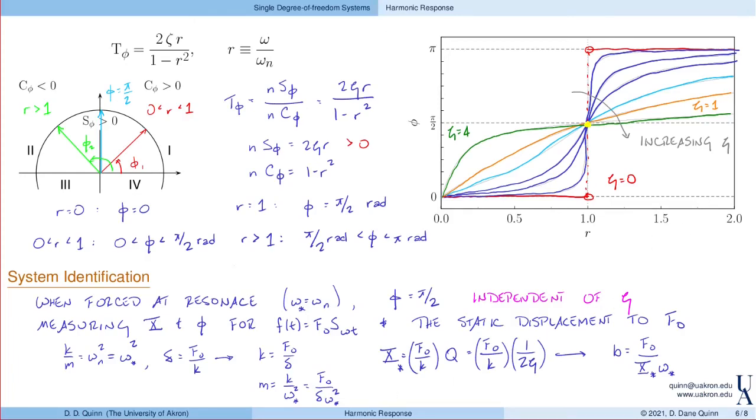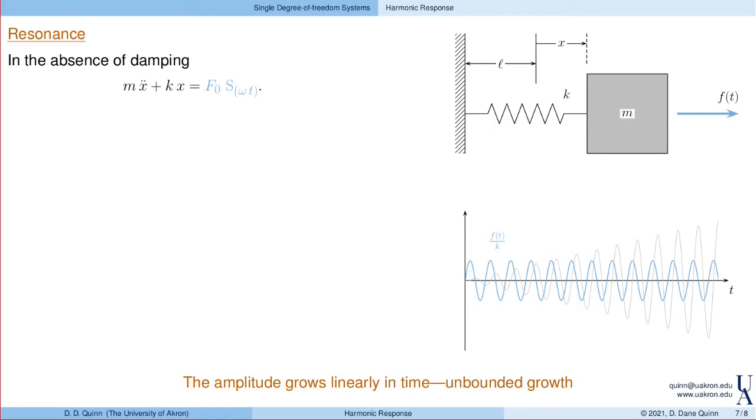I do want to talk a little bit more about what happens in resonance, and specifically what happens when there's no damping. Remember, we said that if there is no damping, then x of t is x times sine omega t minus phi, where the amplitude is 1 divided by the absolute value of 1 minus r squared.